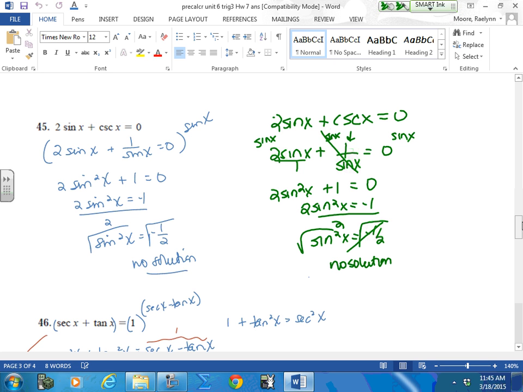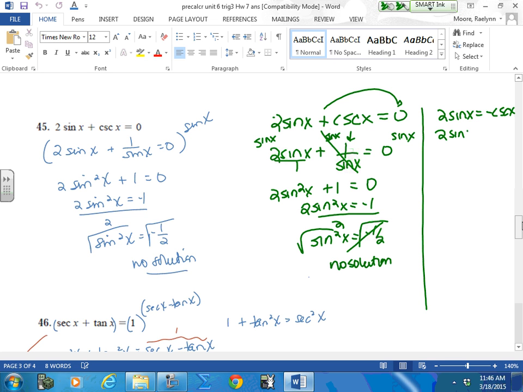Anybody find another way to do that one instead? You still have to replace the cosecant. But if you take that one, and say you move that guy to the other side, and go back to what? We don't have to use the cosine squared because none of these are squared.